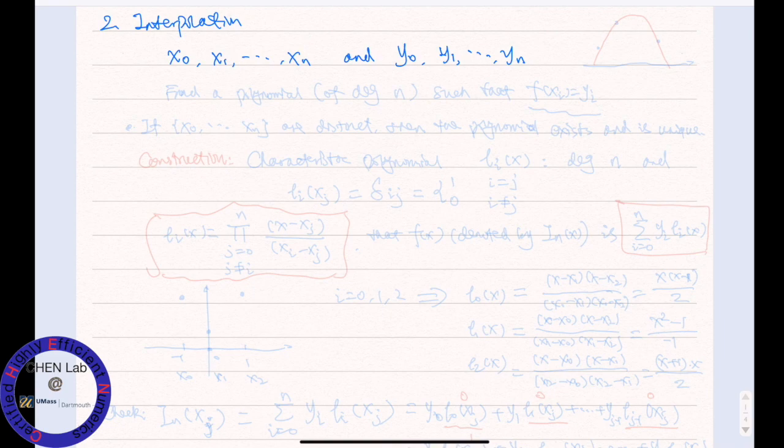And we need to find a polynomial of degree n, right?